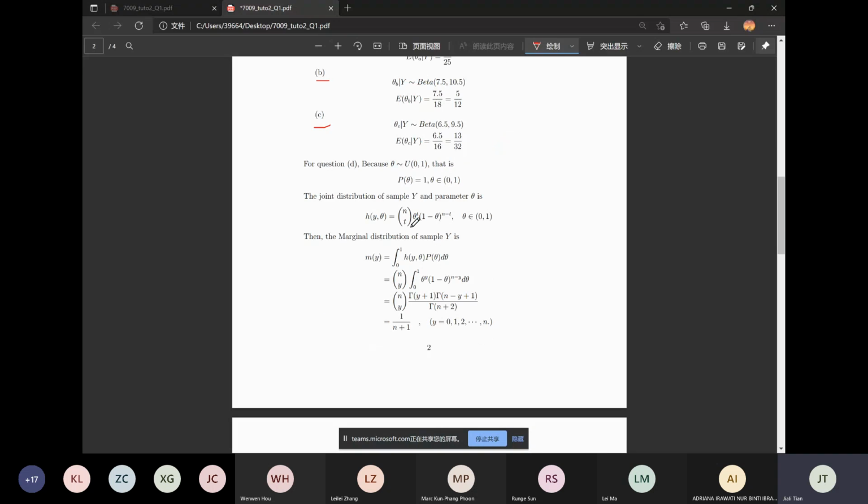For question D, because theta is subject to a uniform distribution, easily I can get p(theta) equals 1. So the joint distribution of sample y and parameter theta is here.